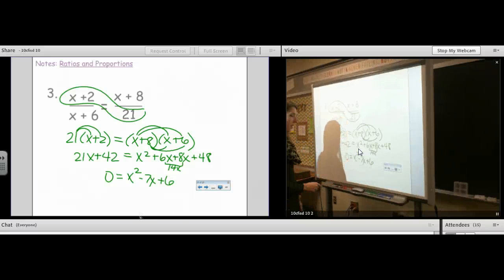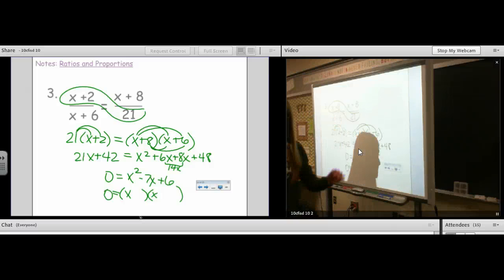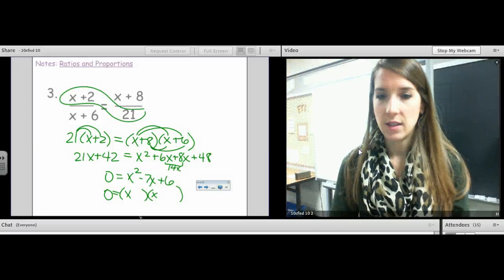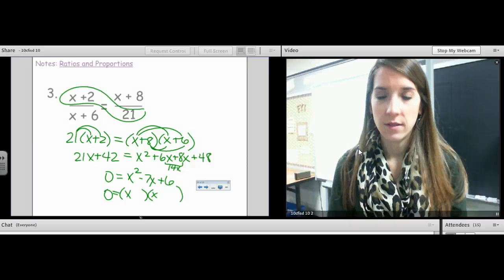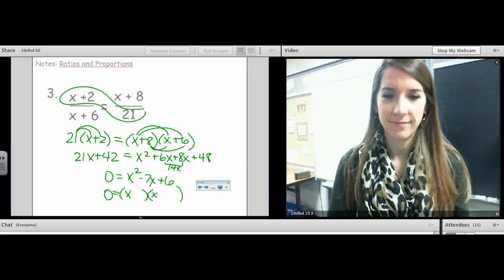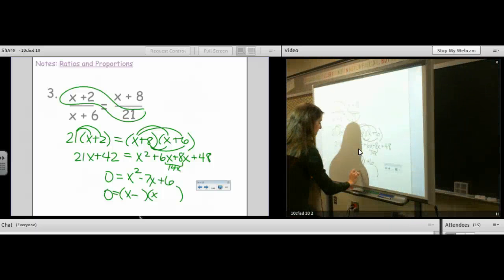Okay. So, now we're going to factor this. We need things that multiply to get 6 and add to get 7, because they're both going to be negative. Things that multiply to get 6. 6 and 1 will do it. Okay, so minus 6, minus 1.